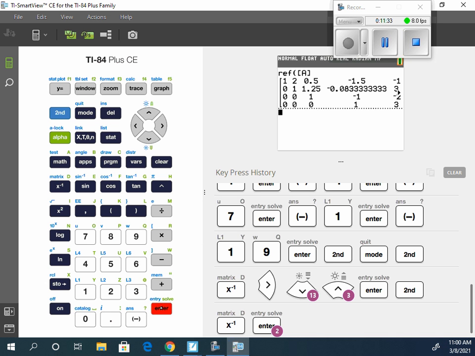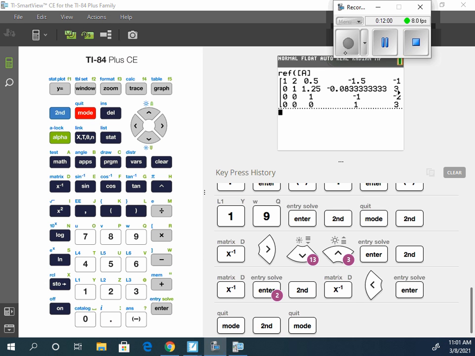And we get something like this here. 3, negative 2, negative 2. Okay. So we have this here.